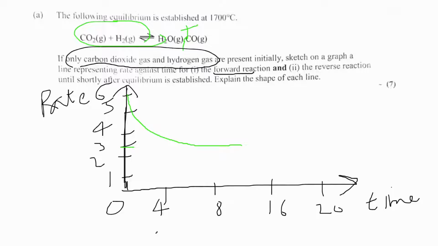Now for the second part, we will do the reverse reaction: sketch a graph of the line representing rate against time for the reverse reaction until shortly after the equilibrium is established. As they have written that carbon dioxide and hydrogen were initially the only ones present, that means the product formed was 0, so it will start from 0, and the rate is also 0.